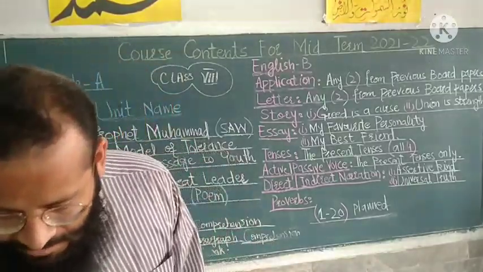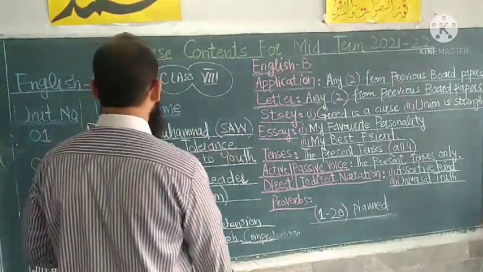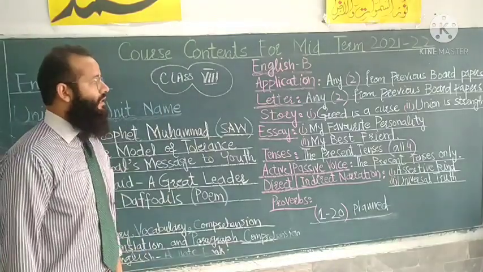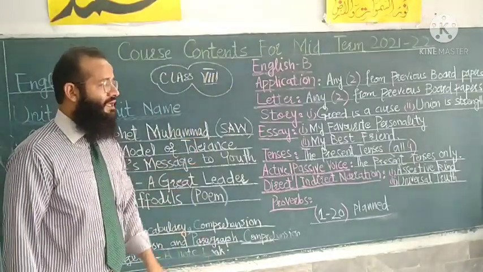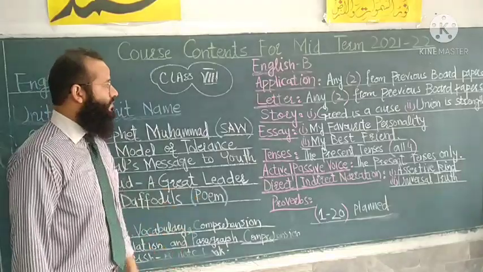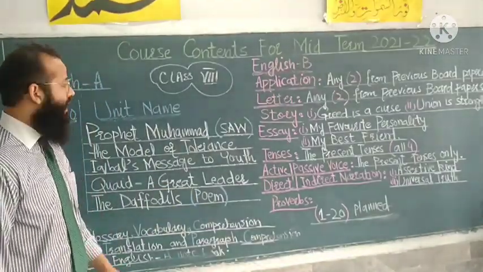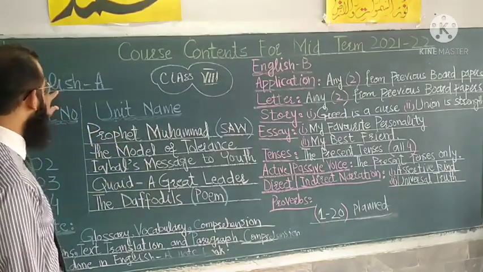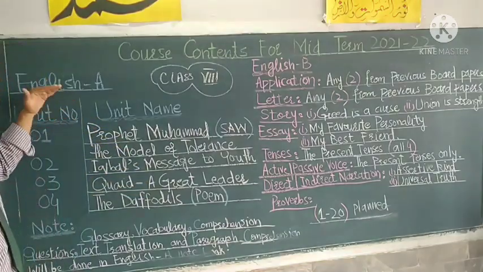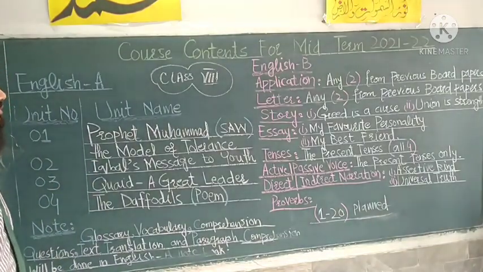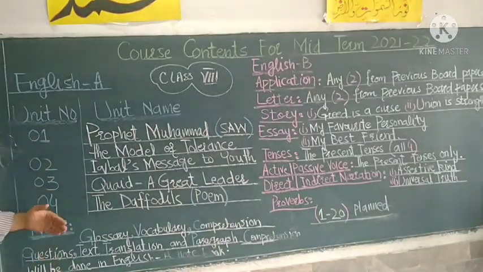Okay, before that, we have to start the course contents for the midterm 2021 and 2022 for class 8. We have course contents of English A. Inshallah, in the midterm, we will discuss 4 units.